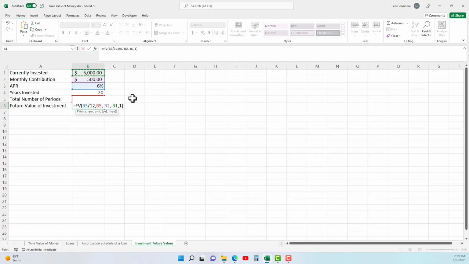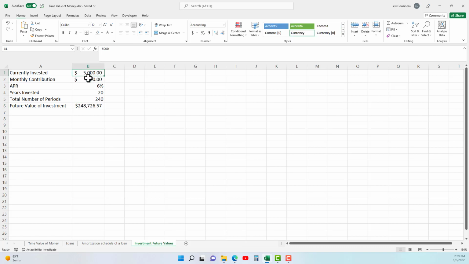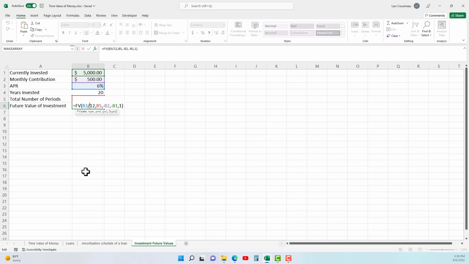And at the very end, we have a positive value because whoever invested the money gives it back to us. And so we have a positive 248 when we're done. So now we have a present value, a payment, and then of course all the rate and the NPER. So that's how you calculate the future value of your investments.